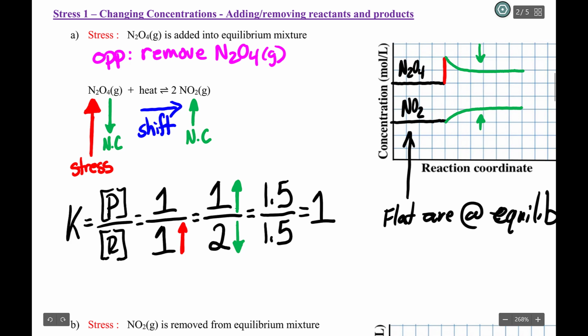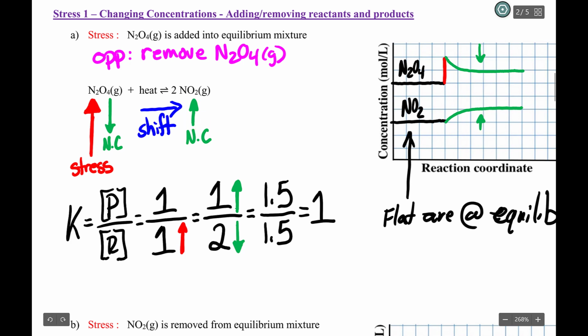Now, hypothetically, if our stress arrow went up on this side, so if I added NO2, then I would shift the opposite direction. And then the concentrations this arrow is pointing towards would go up. And because it's pointing this way, the concentrations on this side would go down.